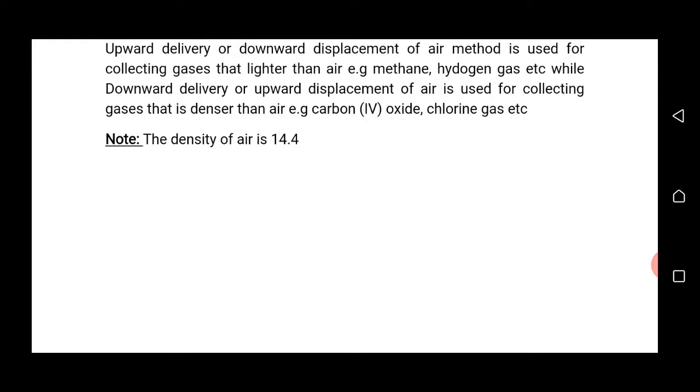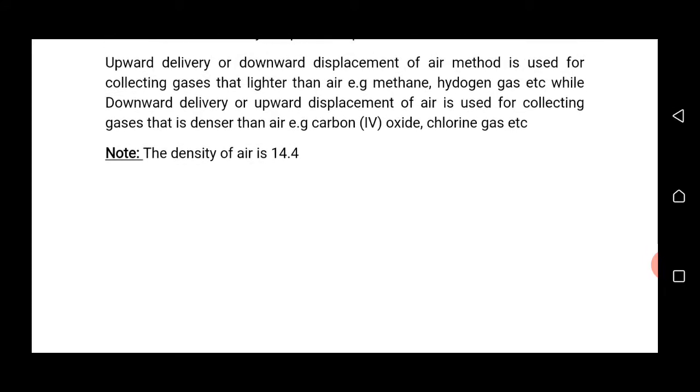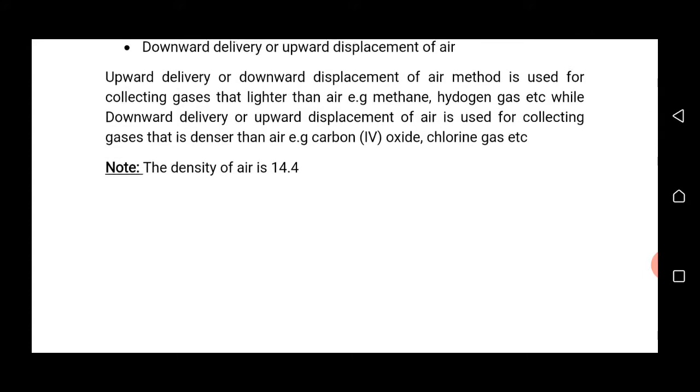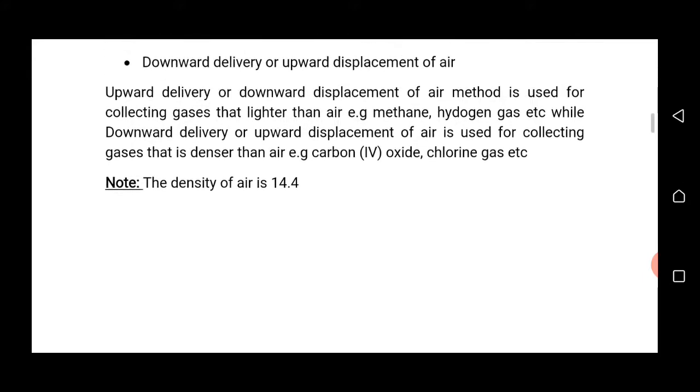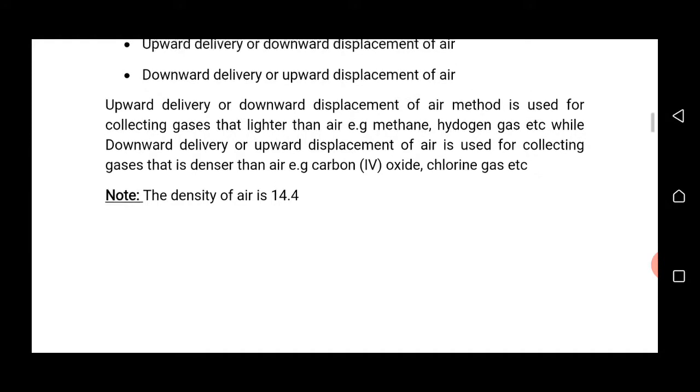It means the density of carbon dioxide is 22. So 22 being greater than 14.4, which is the density of air, it means carbon dioxide is denser than air, so it can be collected through downward delivery or upward displacement of air.